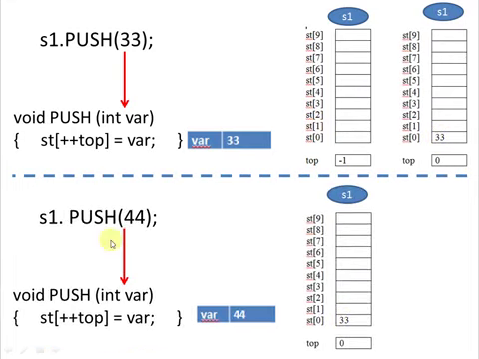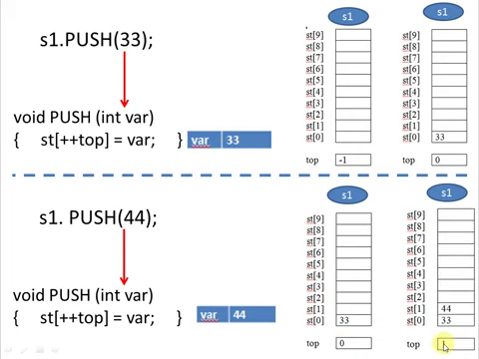Next, if we want to push 44 into the stack, 44 will be passed to var. The memory of var is 44. Top will increment itself from 0 to 1, and at st of 1 location 44 will be stored.